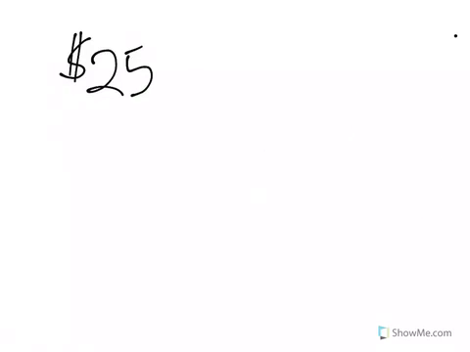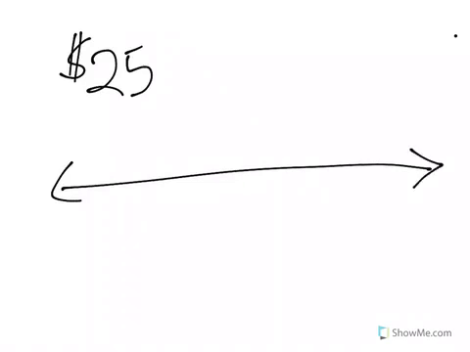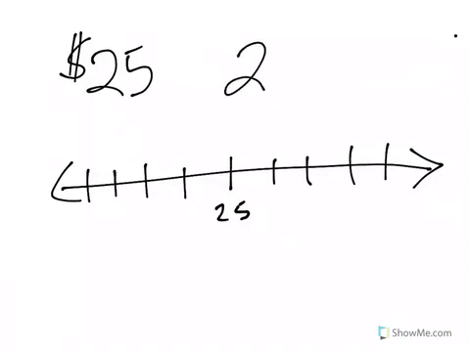So if I was going to create a number line based on that situation, I've got my $25, and then maybe we'll go by fives here, right? If I was going to create a number line, and let's say I had $29 in the account, well, I might want to say that's actually $4 above my limit, right?